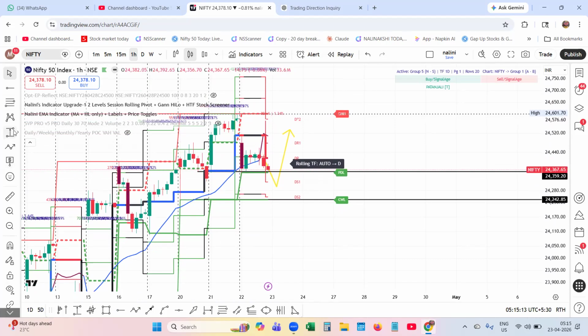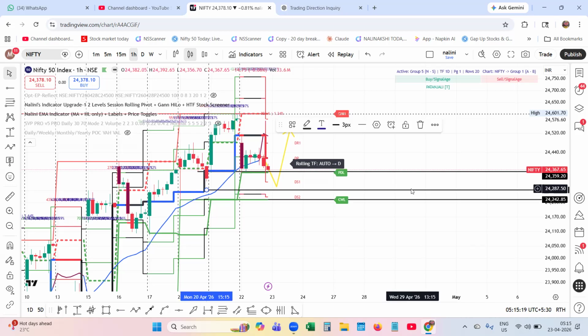Let me put the line in because something has happened. So this is the pivot level. Exactly, it comes to 24,287, which was the measured down move here and measured down move.